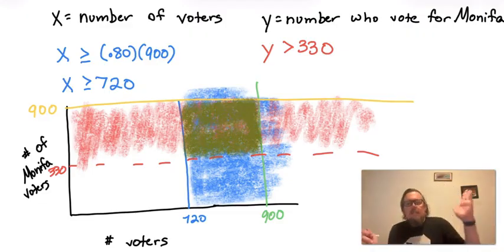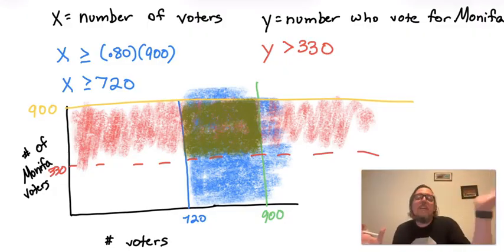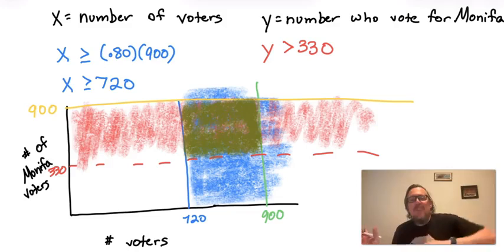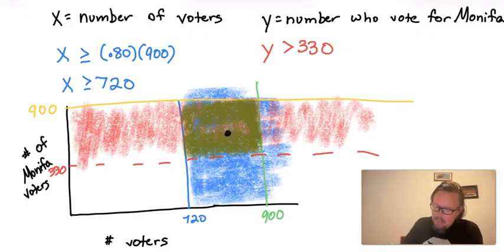That is everything that has 720 or more voters and more than 330 votes for her. So any point that is inside that square is a possible solution, meaning that is a possible way in which Monifa could win.